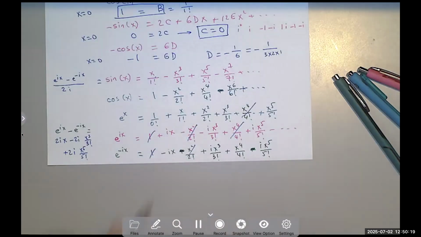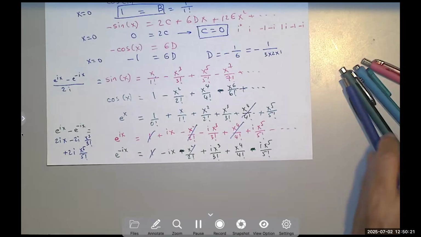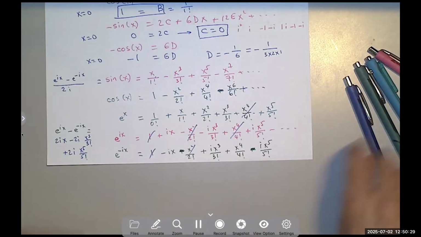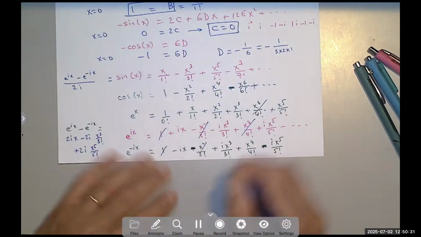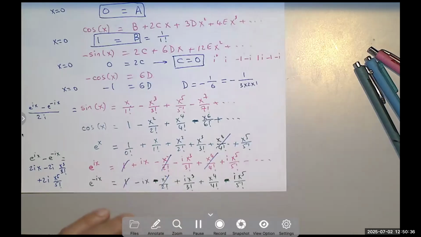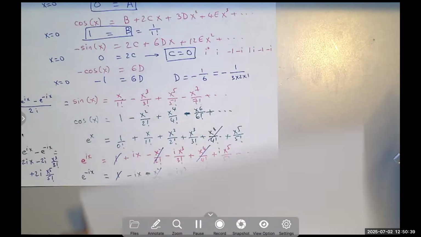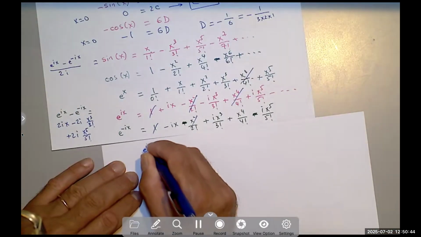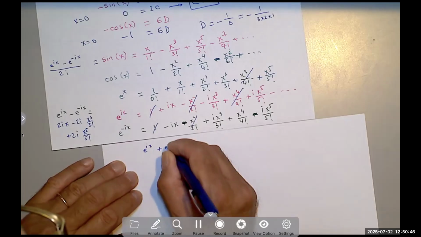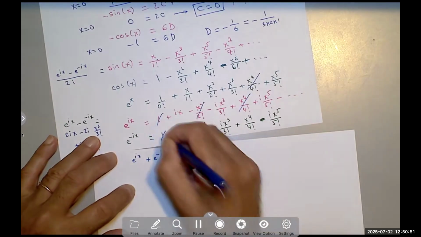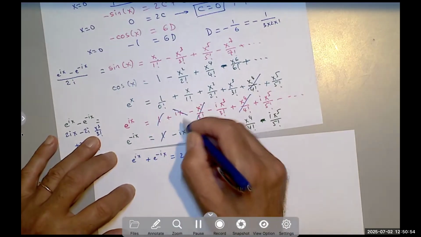Notice that I could have done something slightly different if, instead of subtracting, I add. I'm sorry, I'm using the same paper and I'm probably making it very unprofessional, I know. If I say e to the ix plus e to the negative ix, what do I get? If I add these two, 1 plus 1 is 2, these two would cancel.